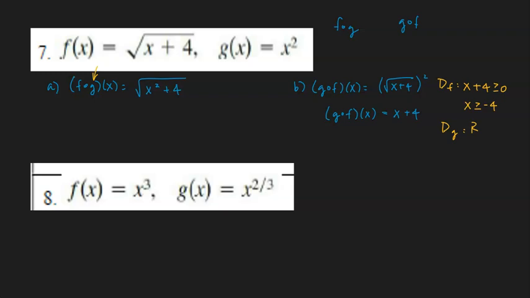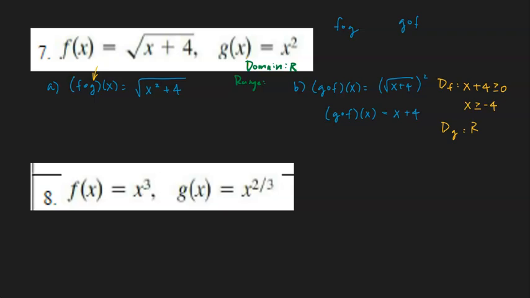So this is going to be all real numbers for the input, or the domain. I want to write it here. Domain is all real numbers. Let's look at the range of this function. What's the output of this function?